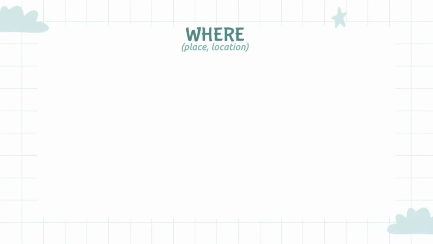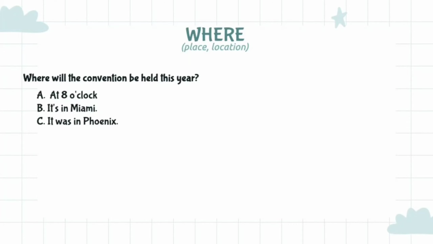The next point is where. The first question is, where will the convention be held this year? A. At 8 o'clock. B. It's in Miami. C. It was in Phoenix.